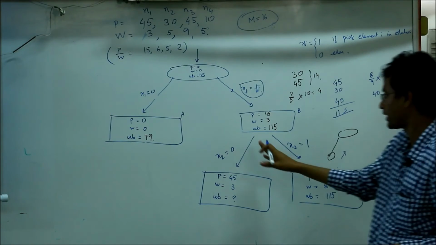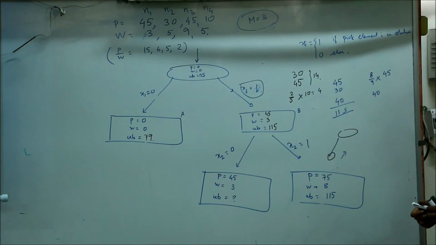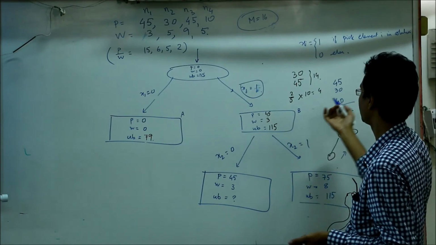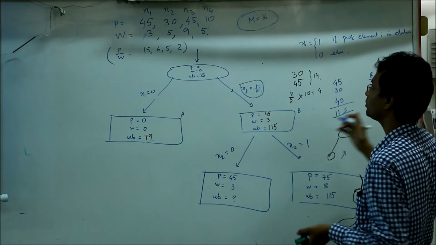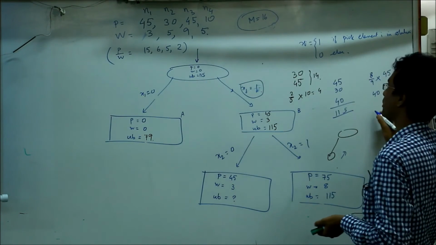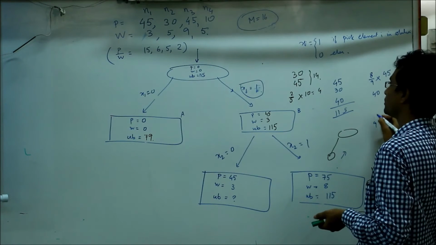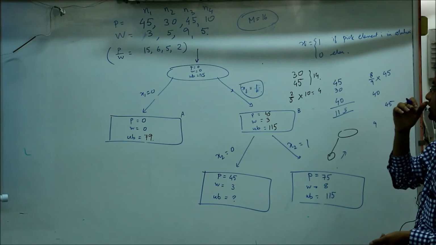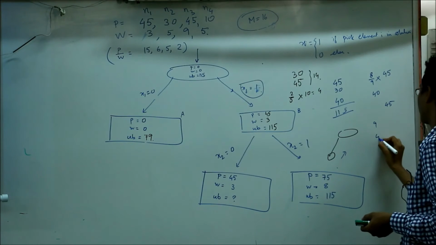And what happens when x2 is not picked? What is the upper bound? Somebody? 98. Okay, so how do you compute this? So you have already picked x1 and you have not picked x2. So if you take 9, that will be 45, and then 3 plus 9 is 12, so you are left with 4, so that should be 4 by 5, right?